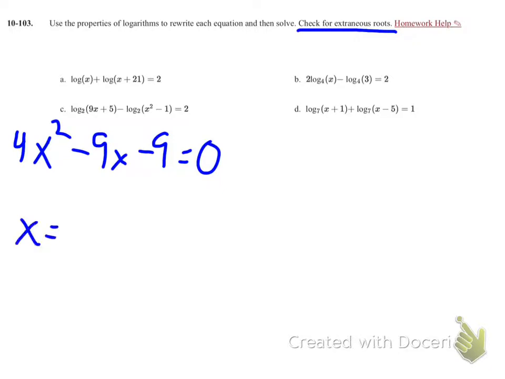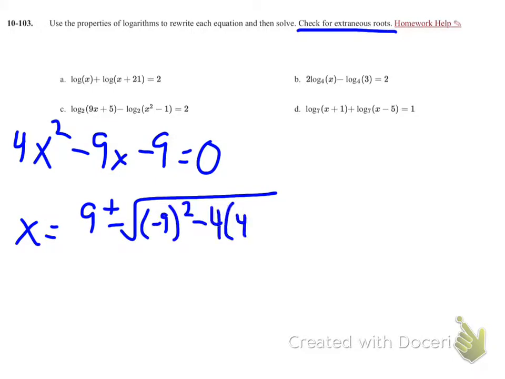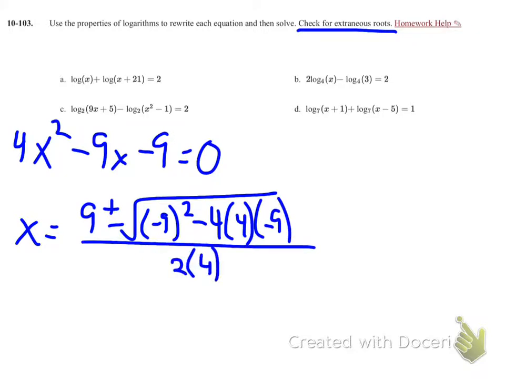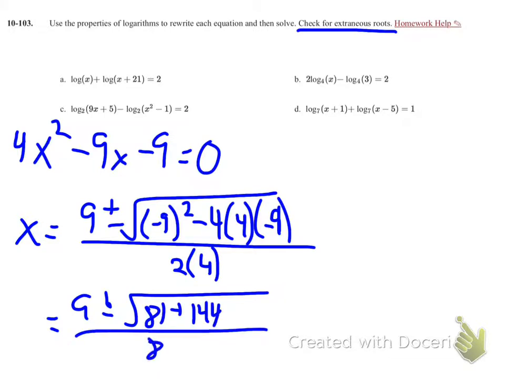So x equals the opposite of b plus or minus the square root of b squared minus 4 times a times c divided by 2 times a. So I have 9 plus or minus the square root of 81 plus 144 over 8.